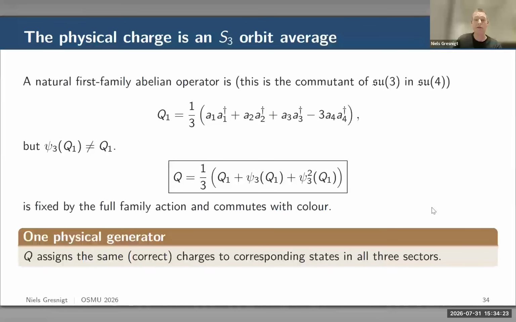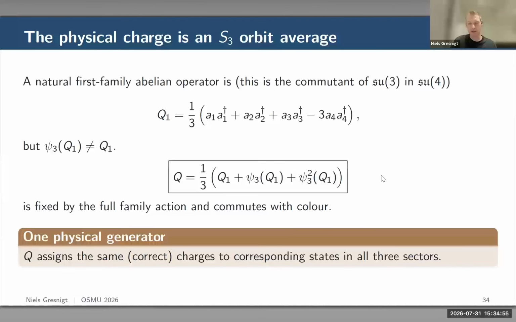Well, then it remains to also include the electric charge generator. So in CL6, one can use the number operator, but that doesn't work in CL8. So here, what I've chosen to do is to use the commutant of SU3 in SU4. So that's this Q1 here. The problem with that, however, is that Q1 is not invariant under Psi3. So in order to obtain an invariant version of that, I take the orbit over Psi3.